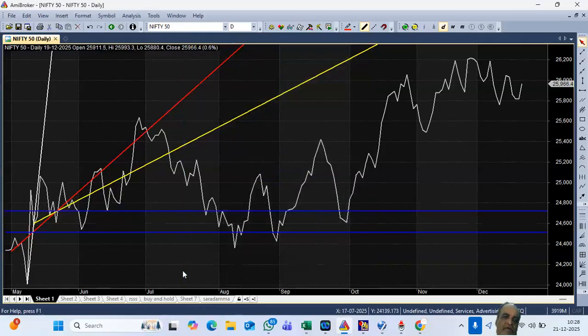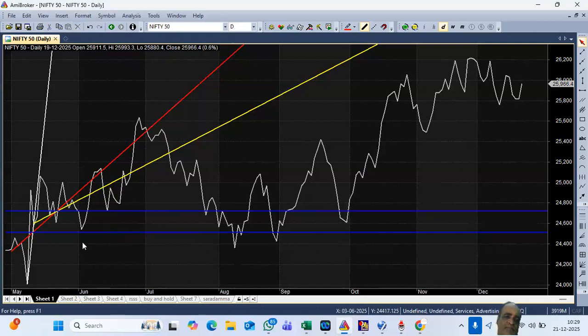Now you can see here we placed this approximately on 21/5, and it acted as a good support point on 13/6. We do not know that the bottom will form here. So when we placed this horizontal line, it stood as a rock and acted as a supporting area.